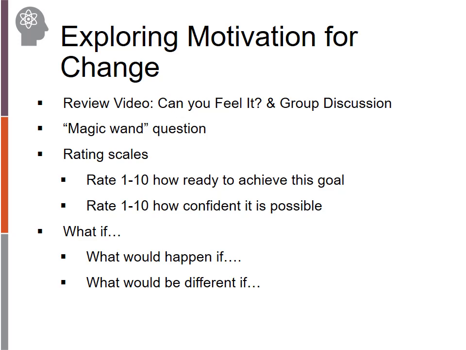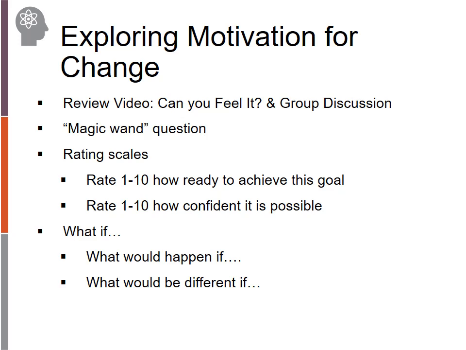For guided practice, the intention is to guide students through a discussion of the video or script and their thoughts on the topic. For the independent practice portion of this group meeting, students will be asked to consider a series of questions. The first is, if they had a magic wand, what would they change about their life?